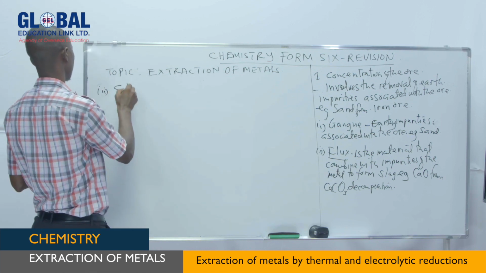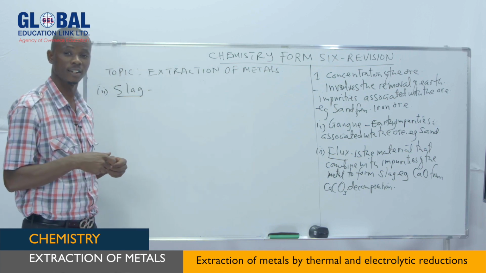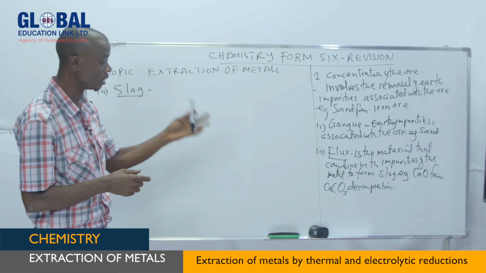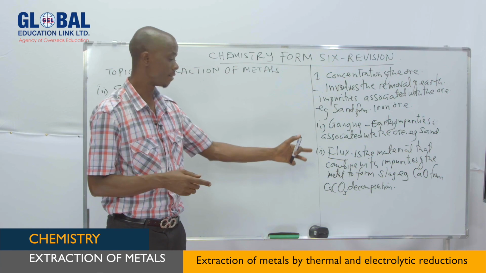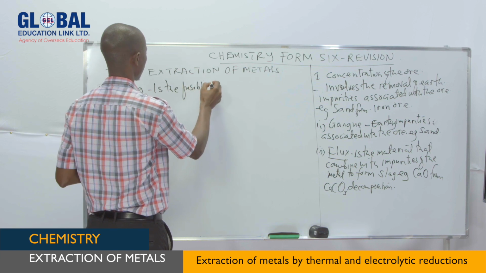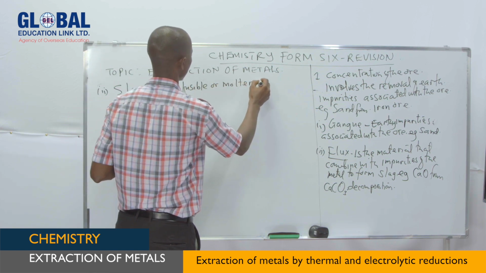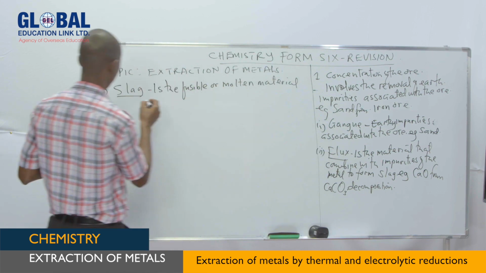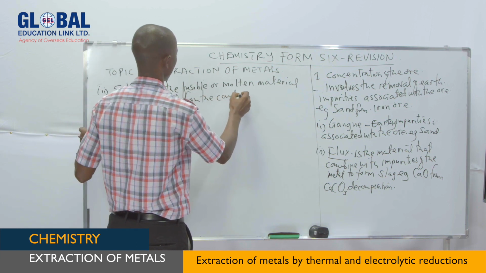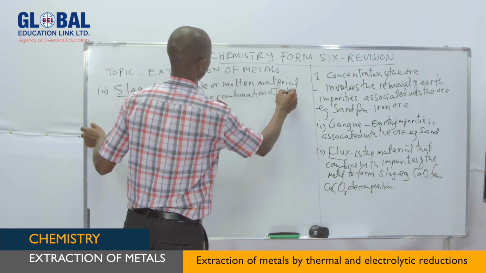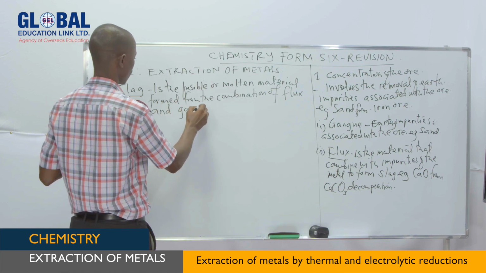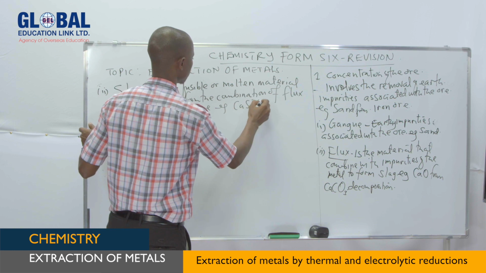We have slag. When we talk about slag, we are talking about the fusible or the molten material formed by the reaction between the flux and the gangue. For example, calcium silicate.